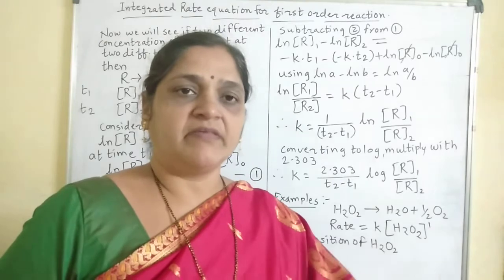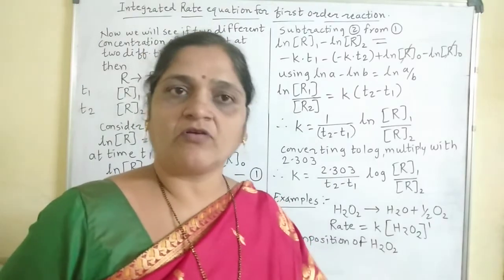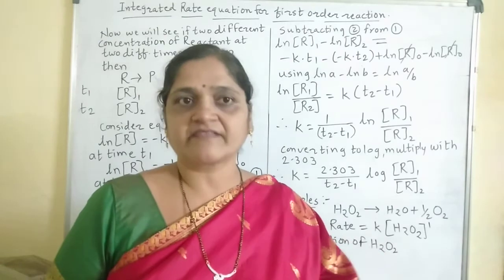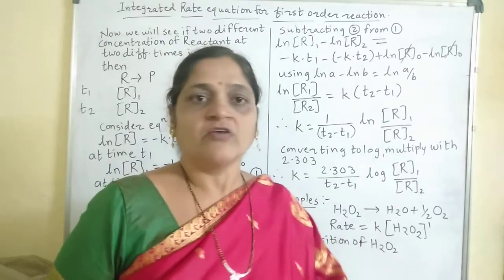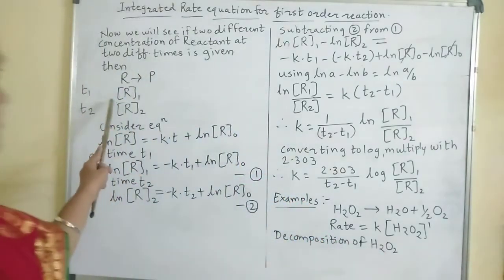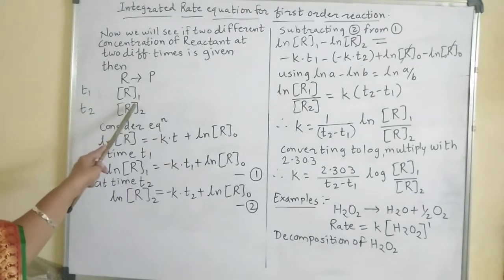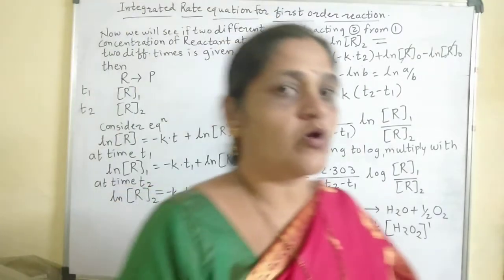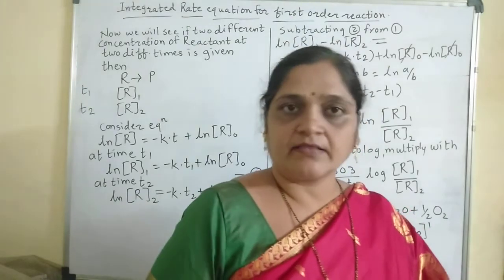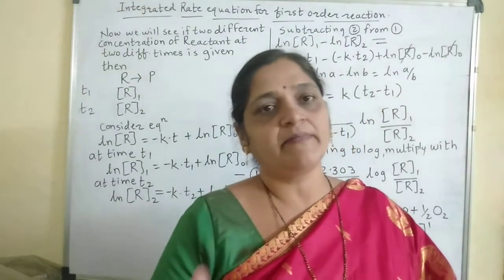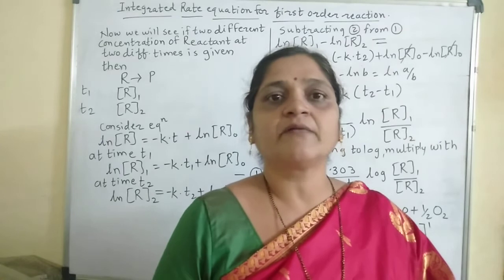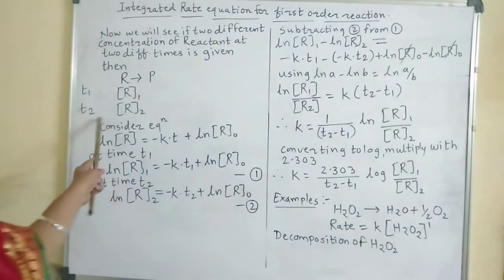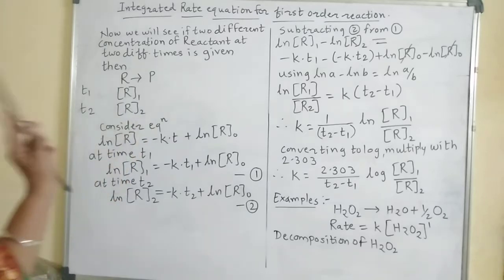At time t1, after some time, if you check the concentration of R, it will be somewhat different as compared to the initial concentration, so we have considered the concentration of R as R1. At time t2, after some more time, if you check the concentration of R, it will again be different as compared to time t1, so we have considered the concentration of R as R2.